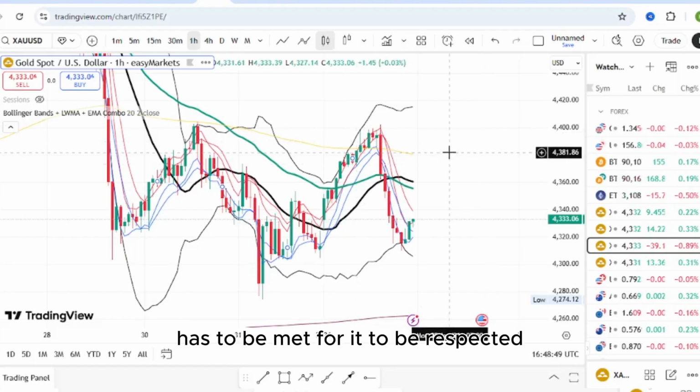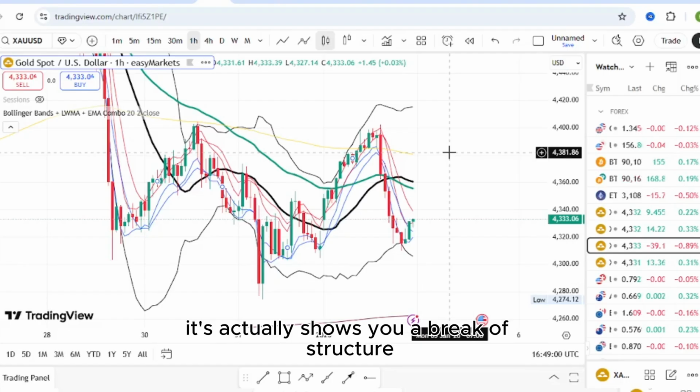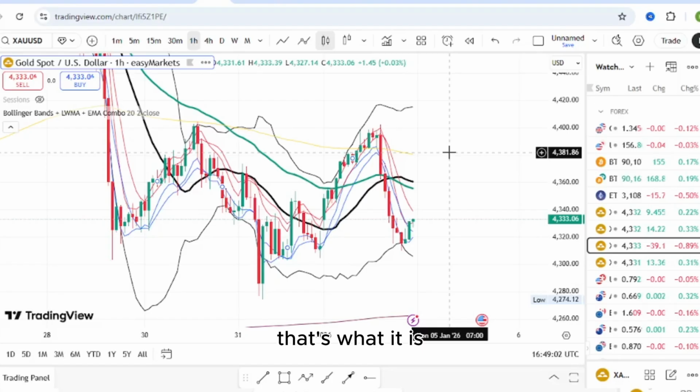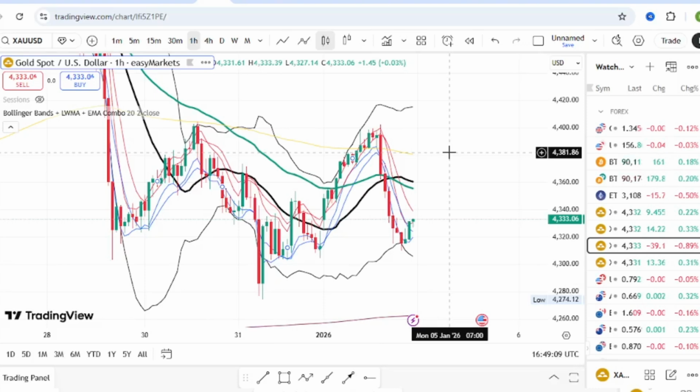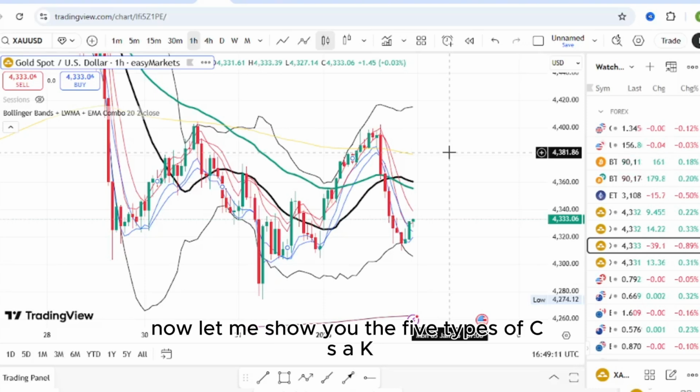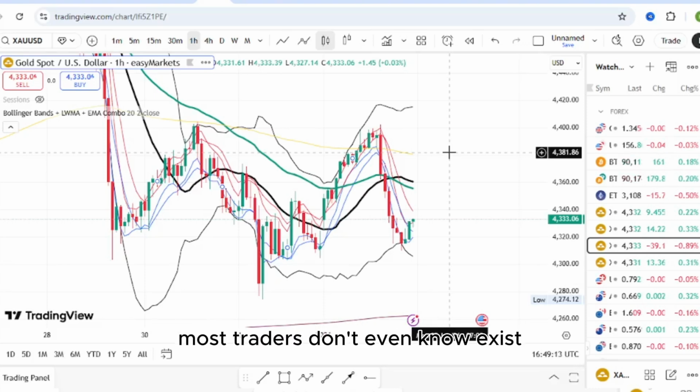So it has to respect the BBMA rules. It's actually a break of structure. If you ignore the context, CSAK becomes a trap. Now let me show you the 5 types of CSAK most traders don't even know exist.